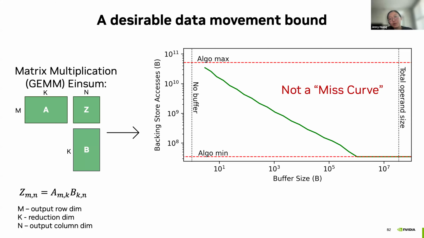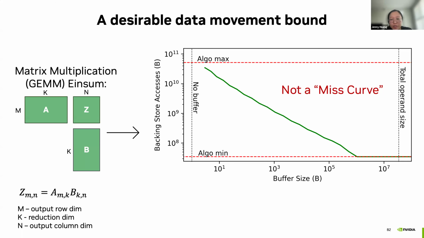If you know about the MRC curve from cache studies, this is not really an MRC curve because it's not derived from a single mapping implementation. It's not from a single software implementation exercising different cache sizes, but from many Pareto optimal mappings.